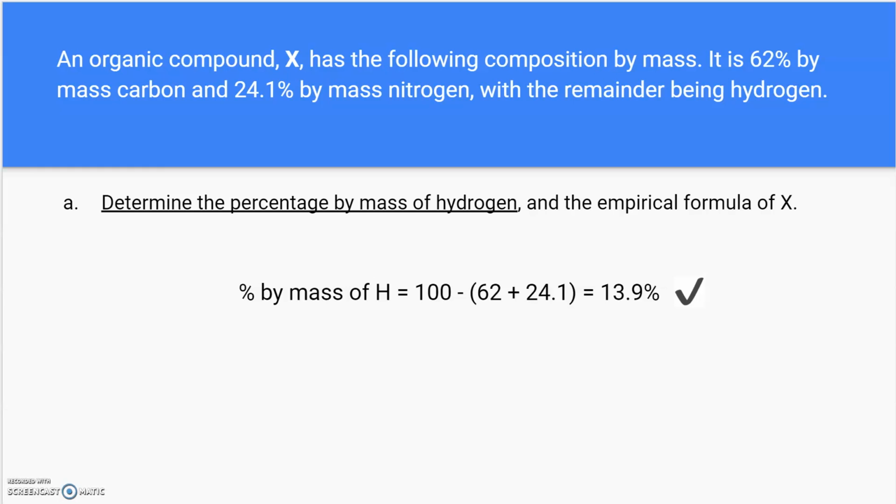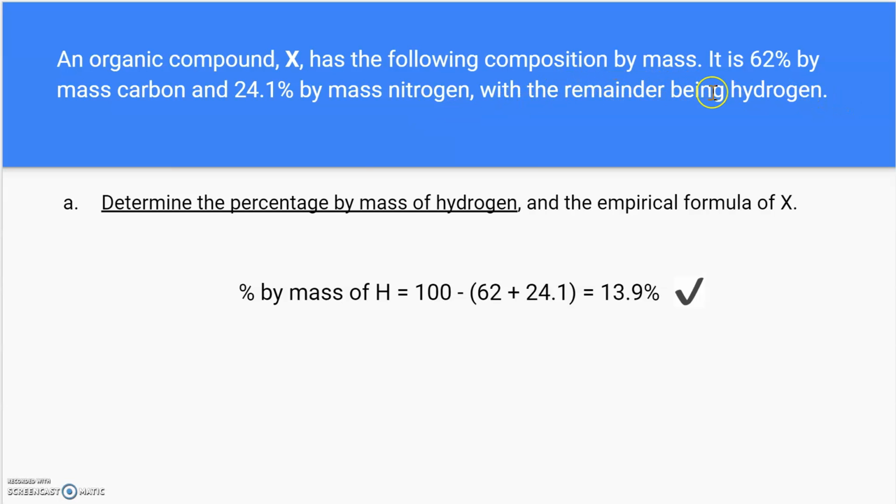The first section of part A says to determine the percentage by mass of hydrogen. For this, we know that compound X is composed of carbon, nitrogen, and hydrogen, and we have the percentages by mass of carbon and nitrogen. So we know that the total is 100, and the remainder after adding 62 and 24.1 must be the percentage of hydrogen.